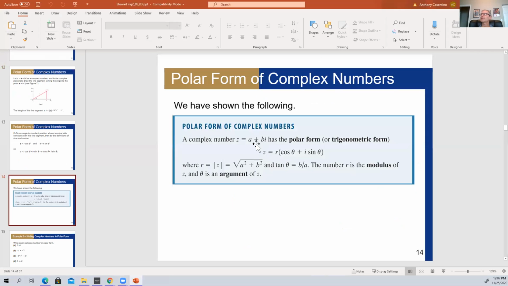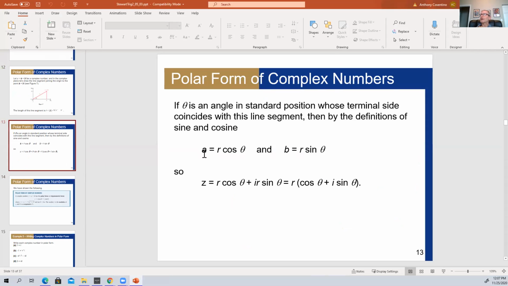Given a plus bi, the r value equals the square root of a squared plus b squared, and tan of theta is b over a. And as I stated before, a equals r cosine of theta, and b equals r sine of theta.